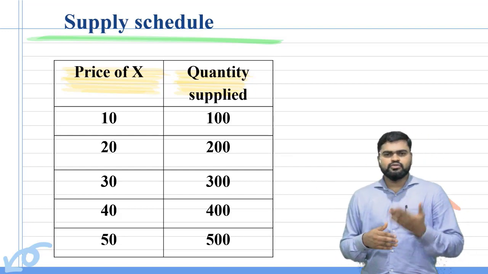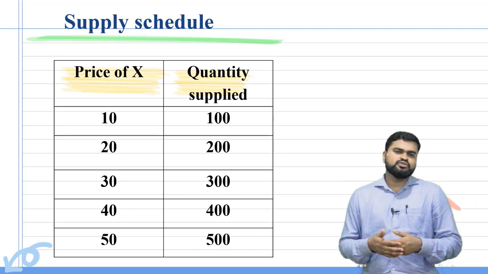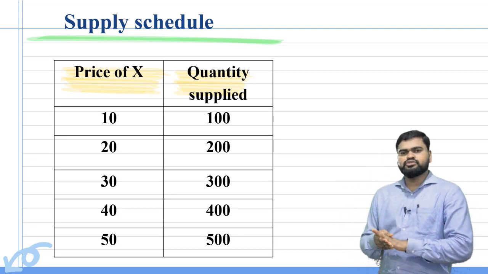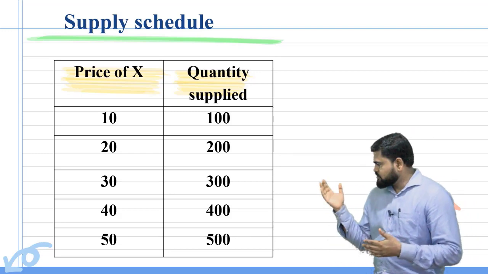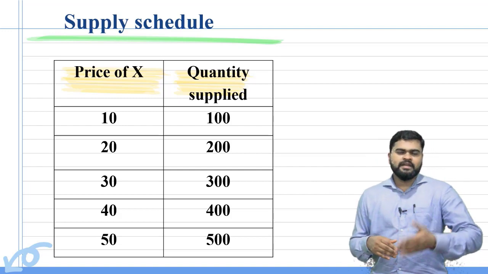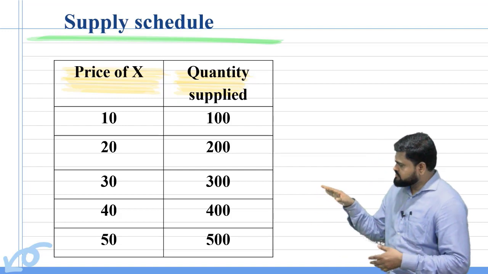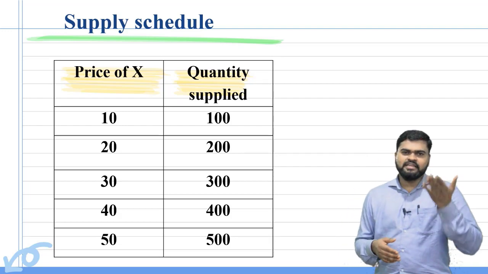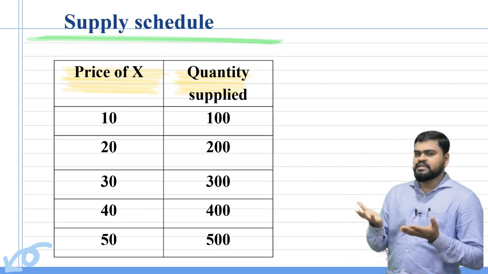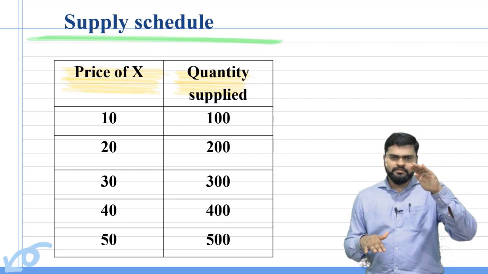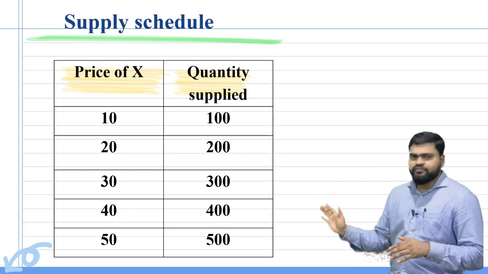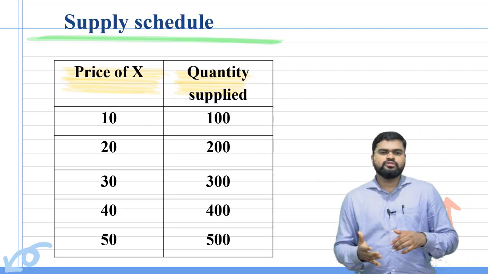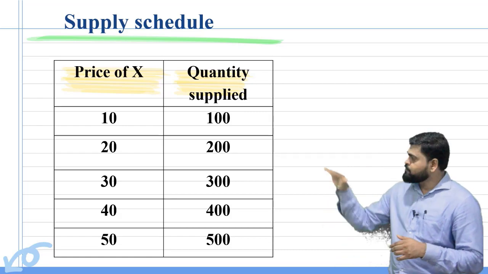When price increases to 30, quantity supply further increases to 300. When price increases to 40, quantity supply increases to 400. And when price increases to 50, quantity supply increases to 500, which clearly shows that when price increases, quantity supply also increases, and vice versa. That is, when price decreases from 50 to 10, quantity supply also decreases from 500 to 100.